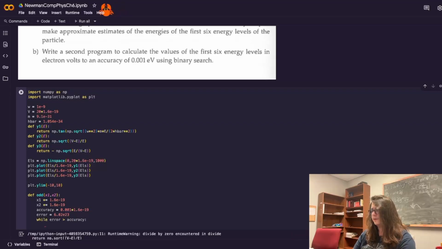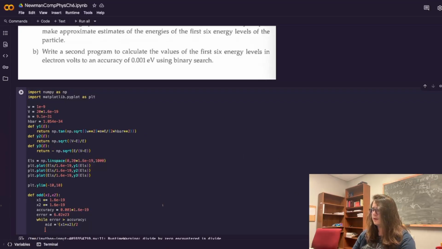Then you will calculate a midpoint between x1 and x2. And at this point, you would check if the function that you're solving, the function at the midpoint and the function at x1, have the same sign.